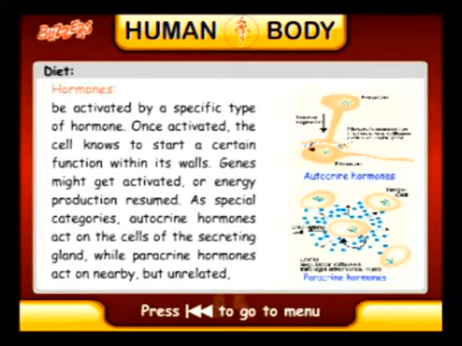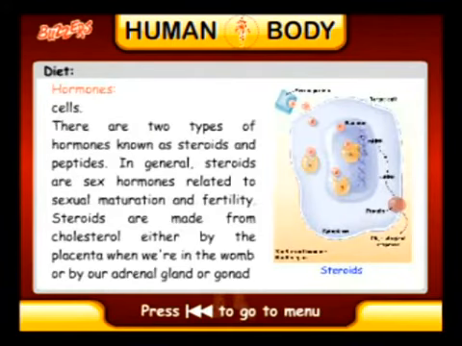As special categories, autocrine hormones act on the cells of the secreting gland, while paracrine hormones act on nearby but unrelated cells. There are two types of hormones, known as steroids and peptides. In general, steroids are sex hormones related to sexual maturation and fertility.